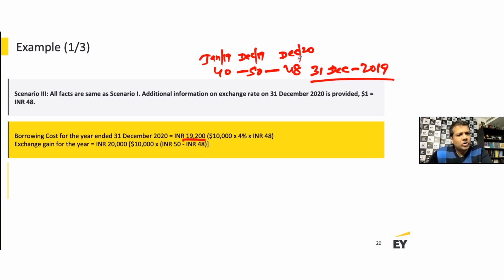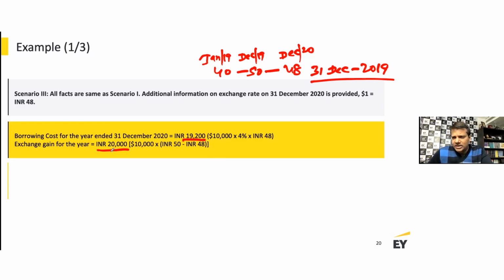So the borrowing cost, and that's why these dates are very, very important for you to focus on, for the year ended 31st December 2020 is 10,000 into 4% into 48. That is okay. Now there's an exchange gain of 2 rupees here, which gives 20,000: 10,000 into 50 minus 48.